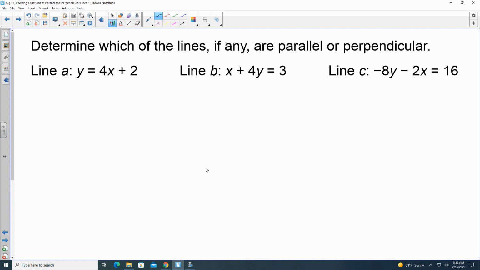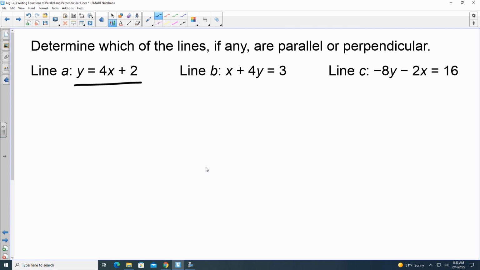So here it says determine which of the lines, if any, are parallel or perpendicular. Anytime you have this kind of scenario when you have it as an equation, just like when we had the parallel lines, we have to put it into slope-intercept form. So line A is already in slope-intercept form, so we're good there.